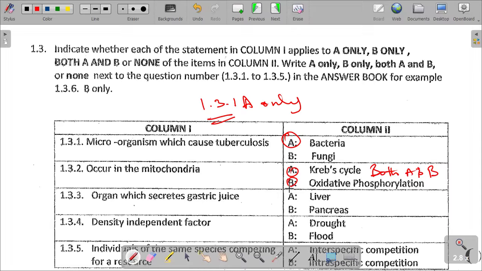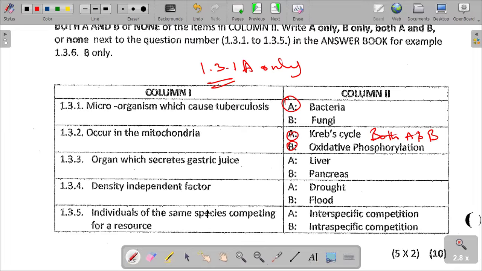And then organ which secretes gastric juice. Gastric juice is not secreted from the liver. It is not secreted from the pancreas.